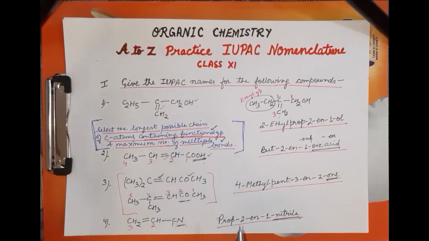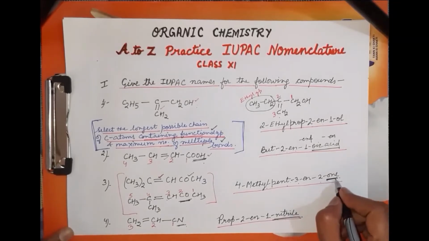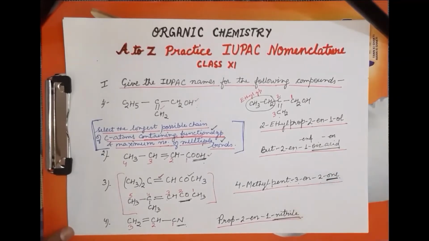First we will write the substituent, 4-methyl, then a 5 carbon atom chain, pent-3-en-2-one. So 2 is the position of the functional group, the ketonic group, and when the ketonic functional group is present, it is written as one as a secondary suffix.